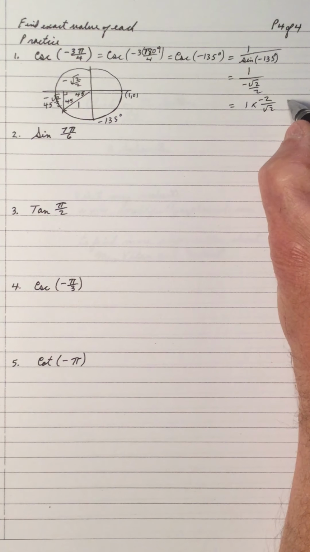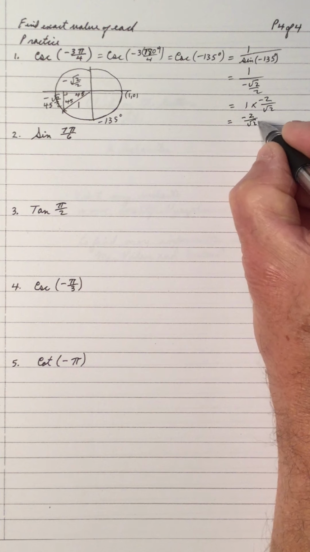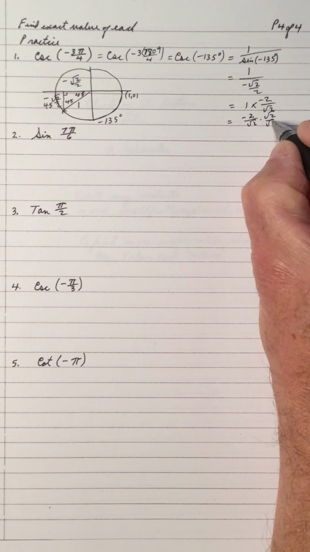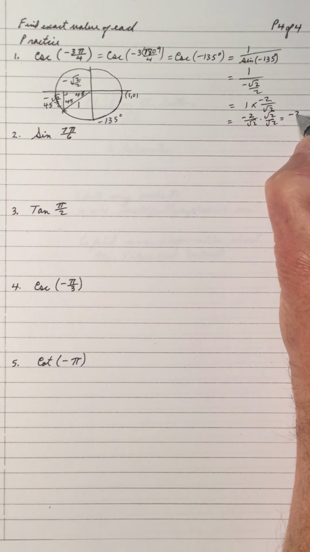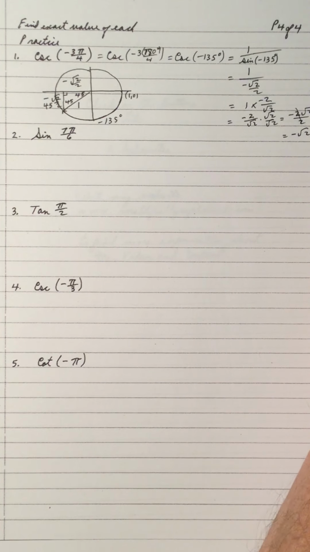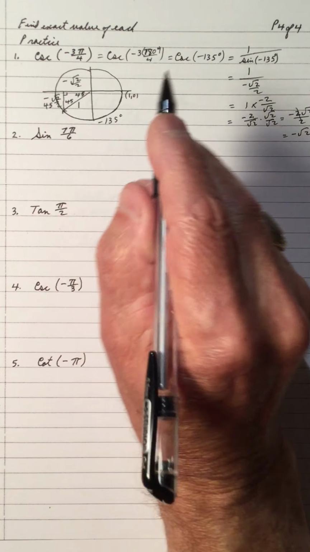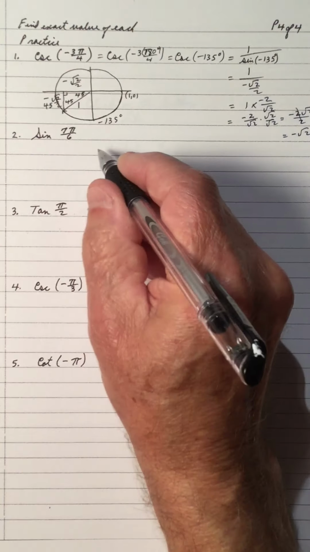And so that gives us negative 2 over root 2 times root 2 over root 2. That gives us negative 2 root 2 over 2. The 2's cancel, and I get a negative root 2. So a little bit of work, but notice if you draw the diagram, everything works out okay.